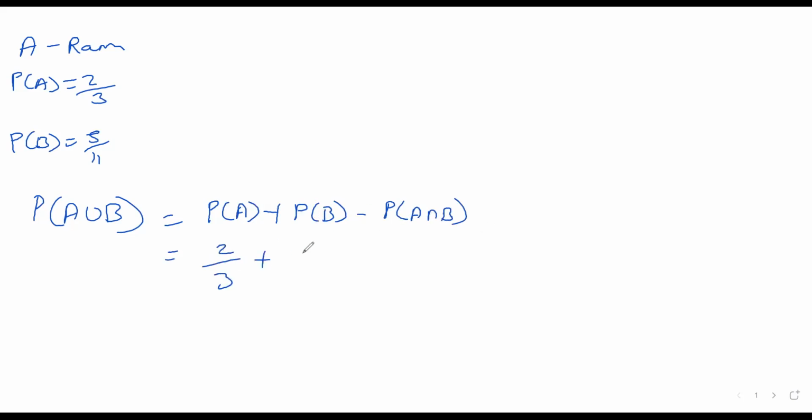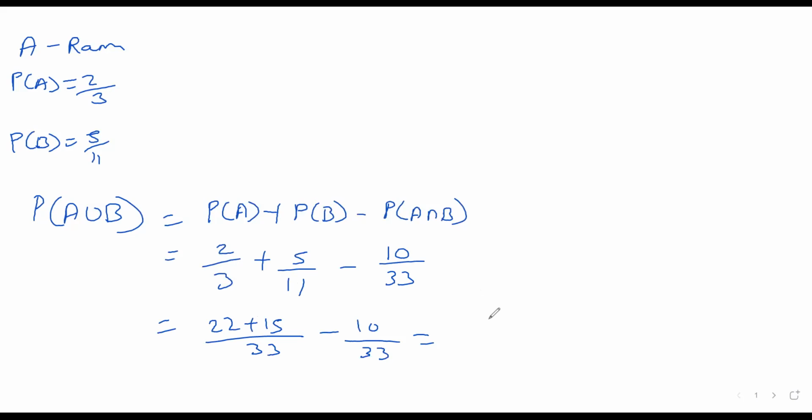So 2/3 plus 5/11 minus 10/33. This is 22 plus 15 over 33 minus 10/33. It is 37 minus 10 over 33, which is 27/33. It's 0.8181.